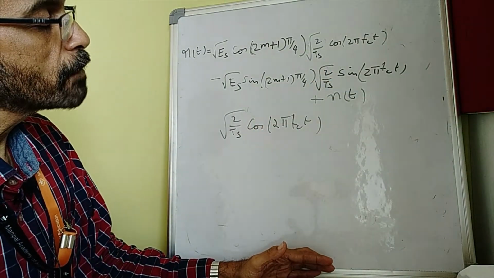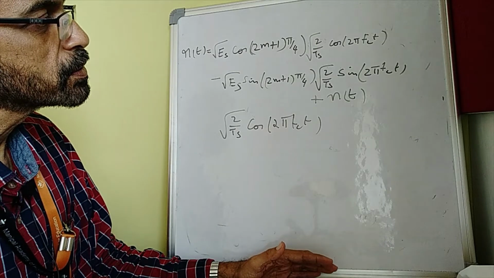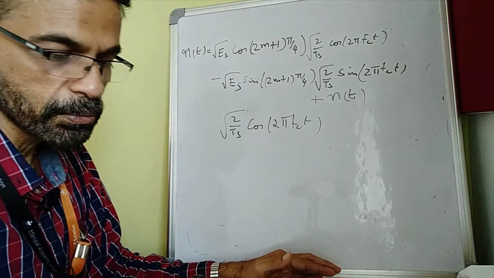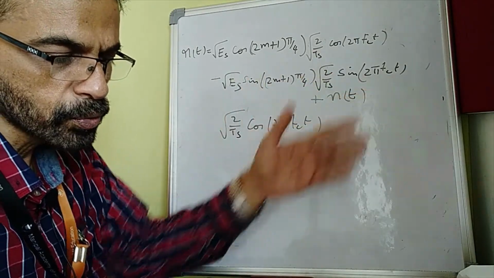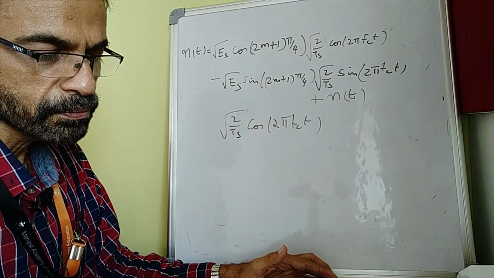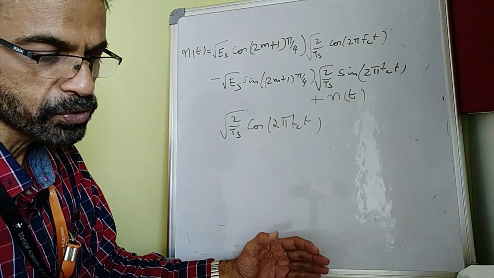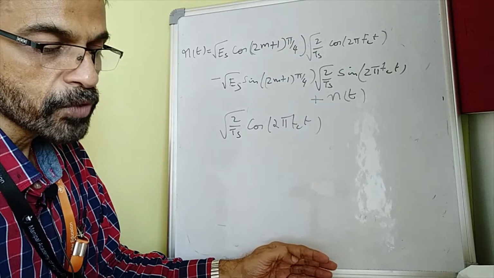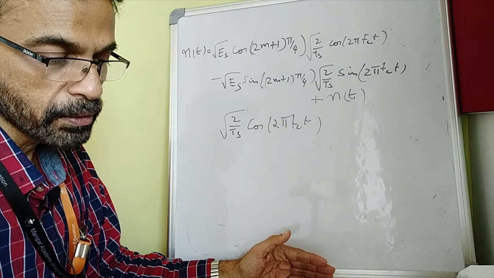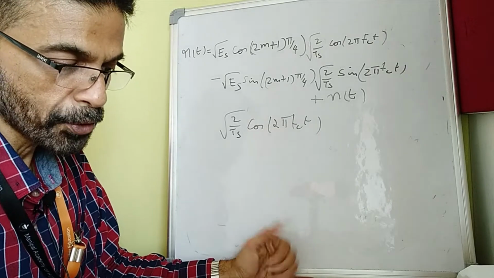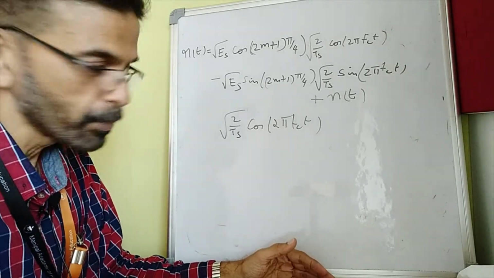After multiplication the result is passed through an integrator wherein you integrate from 0 to Ts, and when you sample the output of the integrator at the end of the integration interval, shown as Ts, you get the random variable R1 in the top arm and R2 in the lower arm.